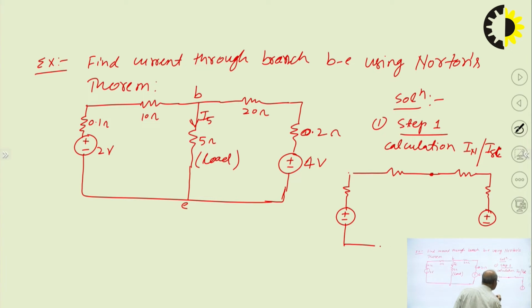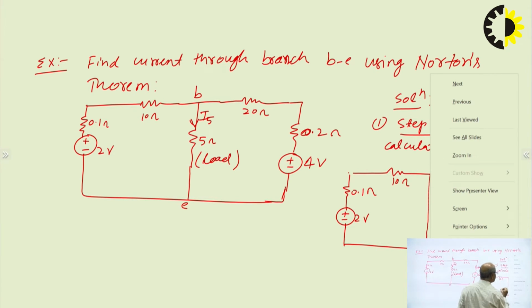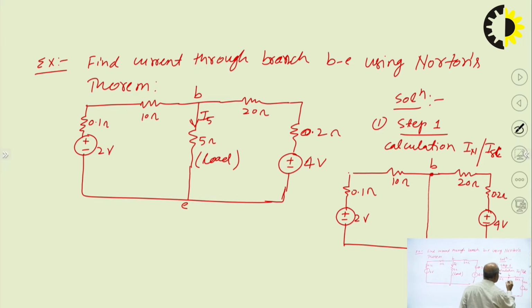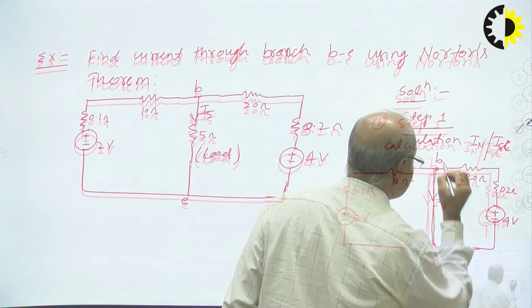So this is our 2 volt, this is 0.1 ohm and this is 10 ohm, this is 20 ohm and this is 0.2 ohm and this is 4 volt. Here was our terminal E, this is B. We have to put a short circuit here and find the current in it, and this current will be IN.